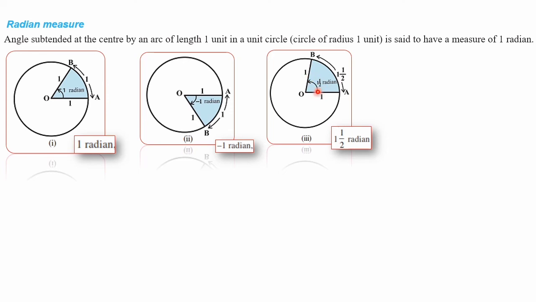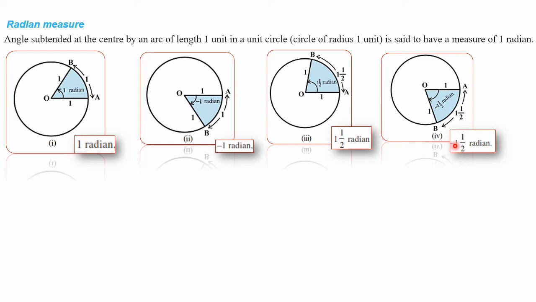This is positive because we are measuring it in anti-clockwise direction. Next is minus 1/2 radian. The same thing only. 1.5 unit length of an arc is making a particular angle at the center of a unit circle, and we are measuring it in clockwise direction. Then that angle measurement will be minus 1/2 radian.